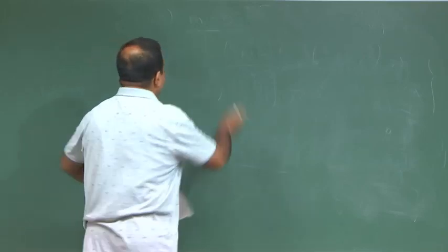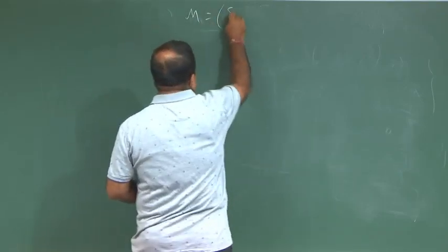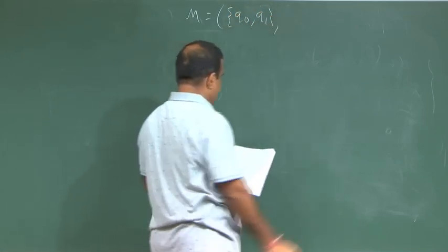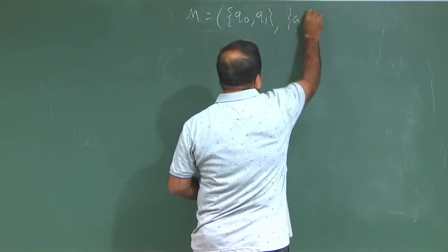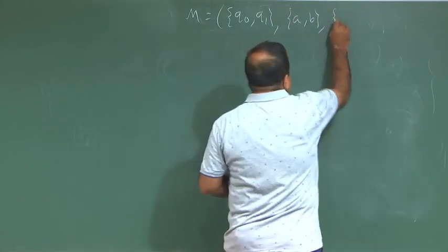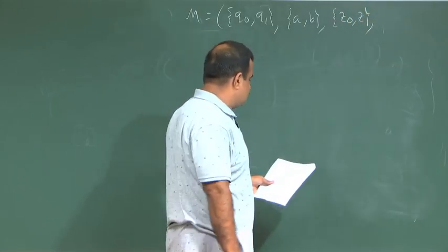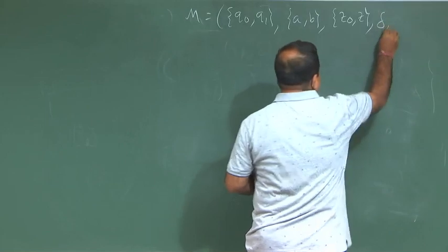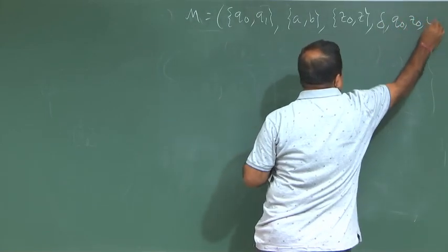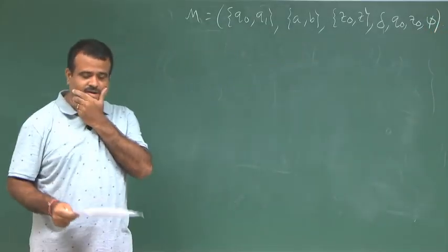So, consider a PDA which is having two states q0, q1, and say a, b is our sigma, and we have z0, z, two variables in the stack. Delta we have to define, with start state q0 and start symbol z0.